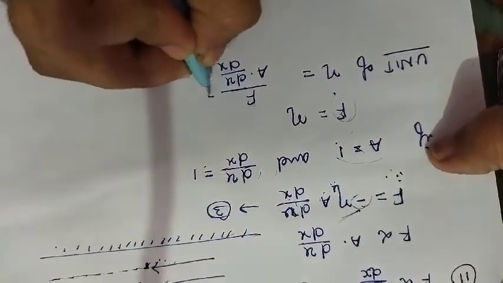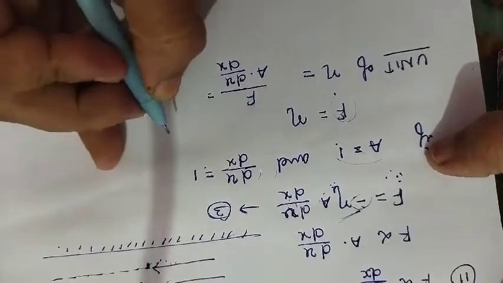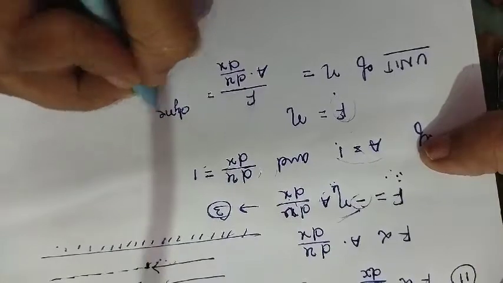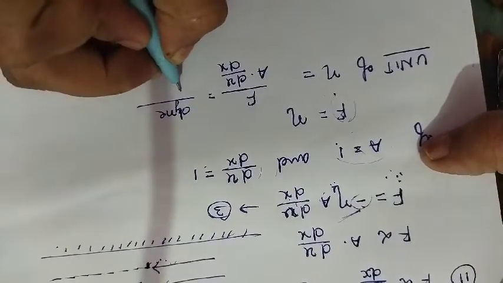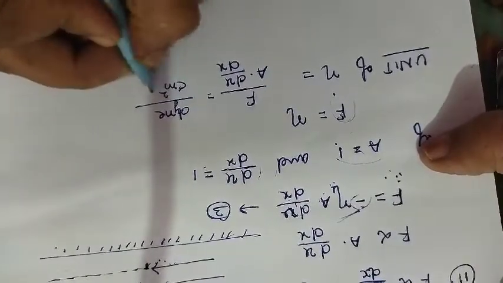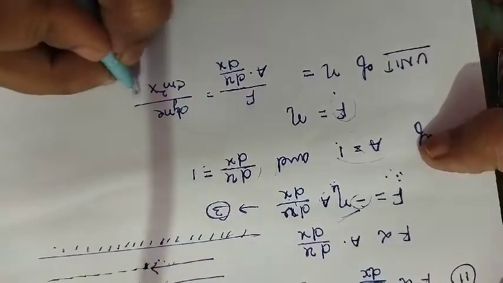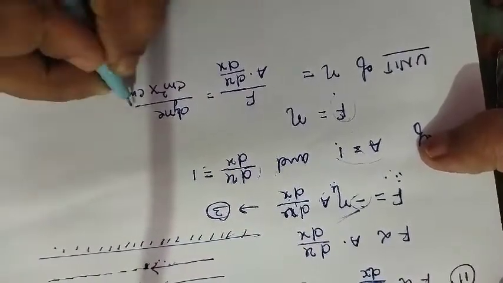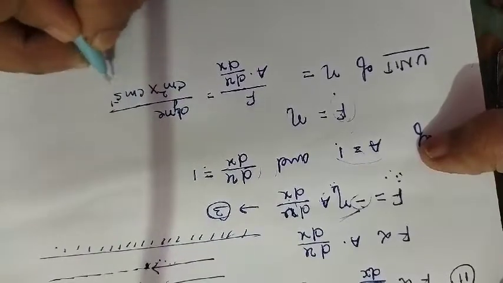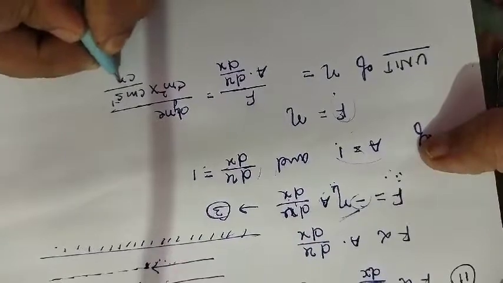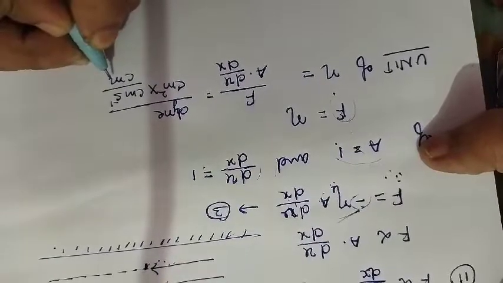In the CGS system, the unit of force is dyne, the unit of area is centimeter square, and dv upon dx means velocity, centimeter per second, upon distance between two layers, that is centimeter.